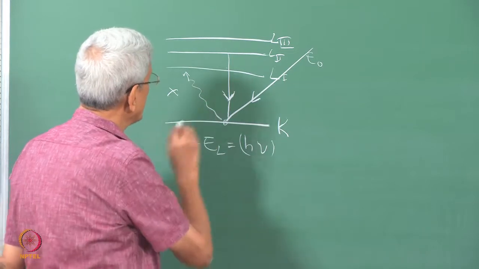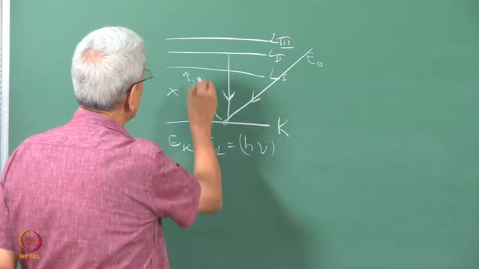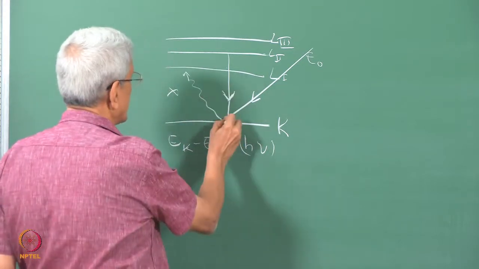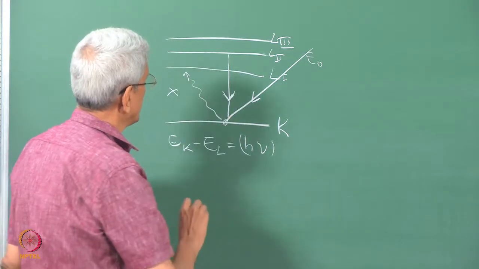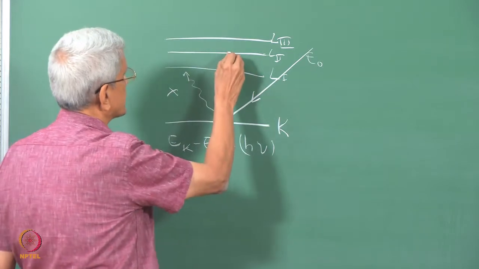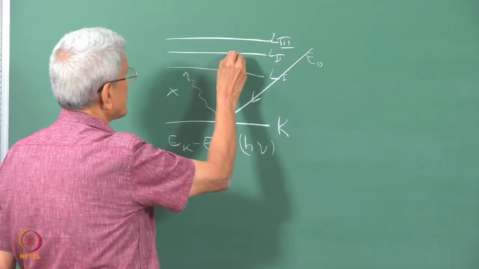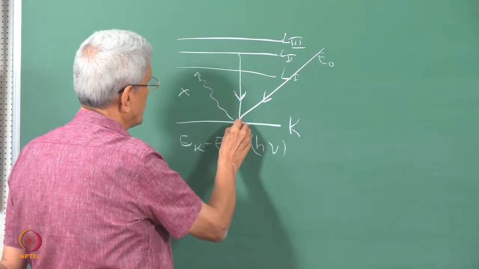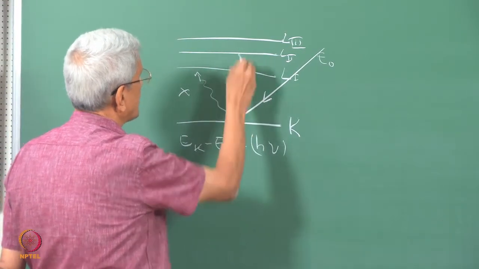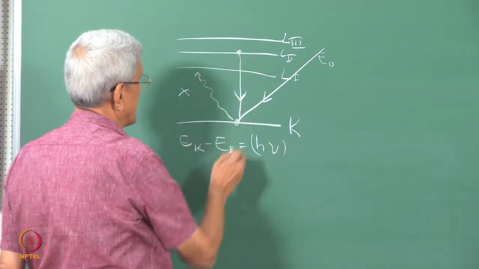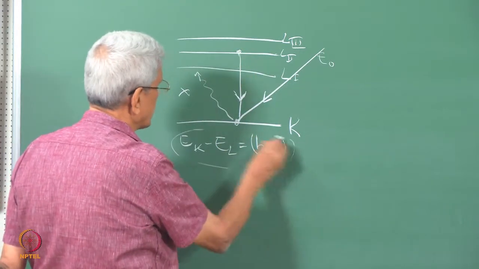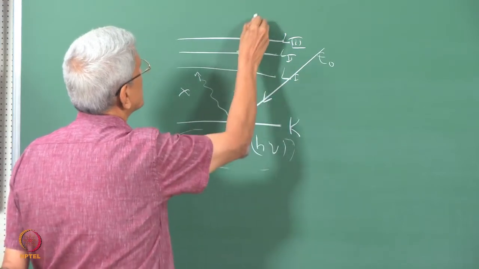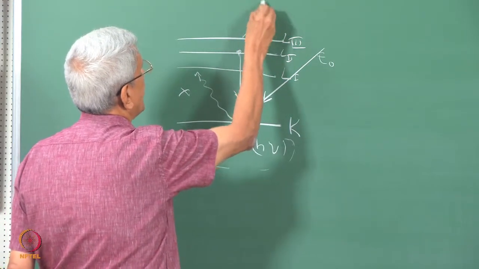But what is important is that this is not the only process which can happen. When a core ionization has taken place and an electron from this level has come down, a vacancy has been created in this level. Instead of an X-ray coming out, this difference in energy could be used to knock out possibly an electron from this level, and this can come out.